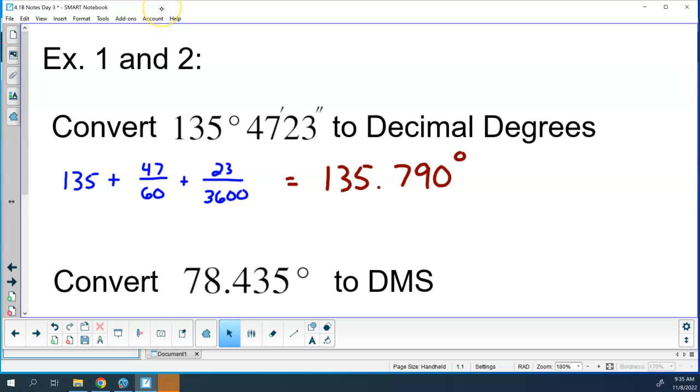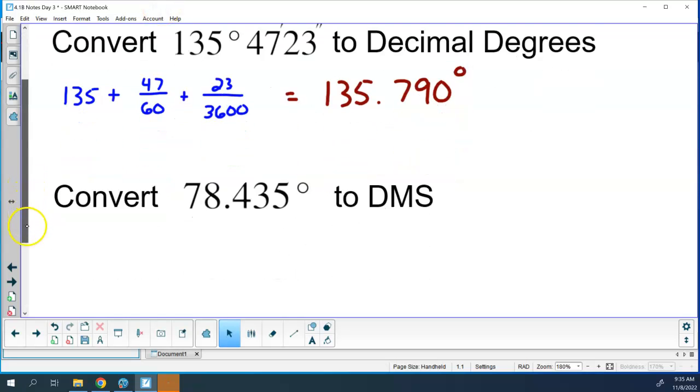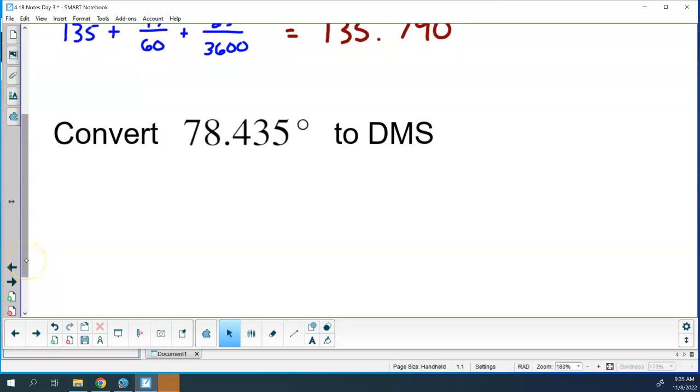On the other, 78.435. So then now we would take the 0.435, we would multiply it by 60. Apparently it smells like bug spray out in the hallway.